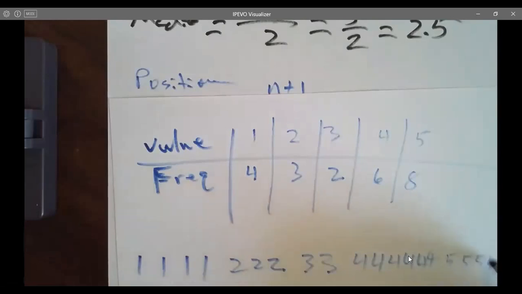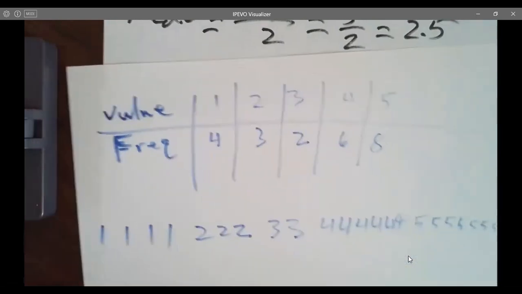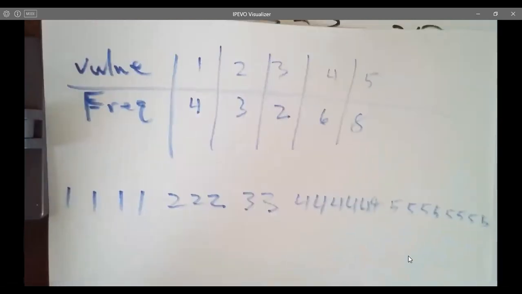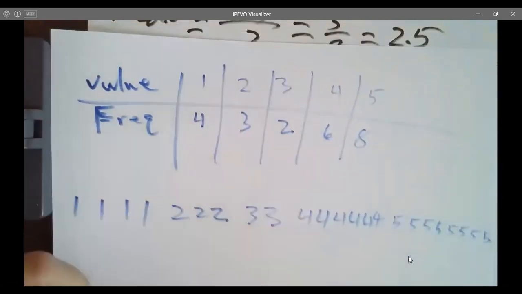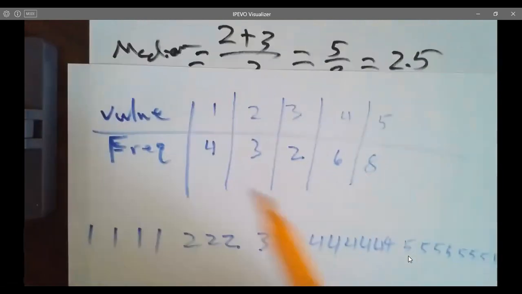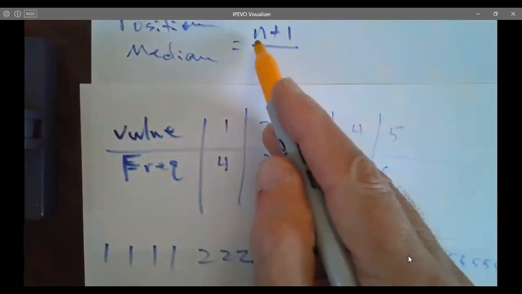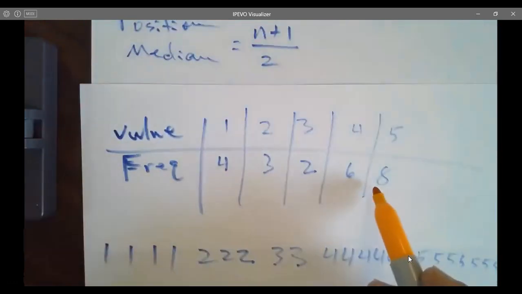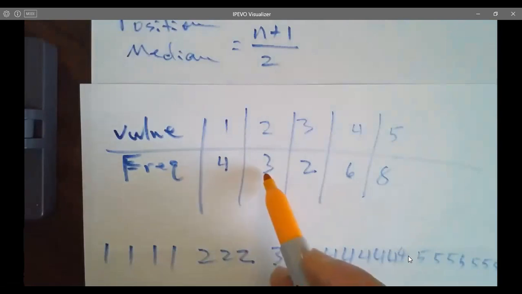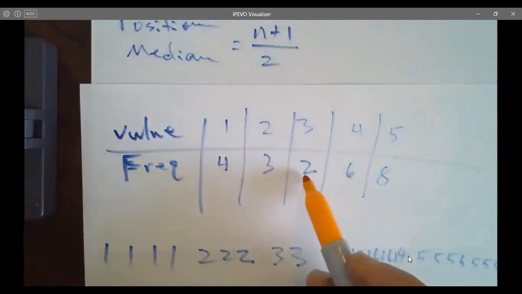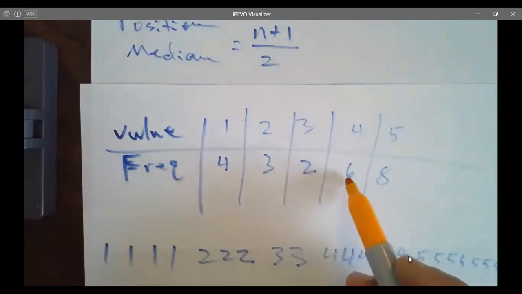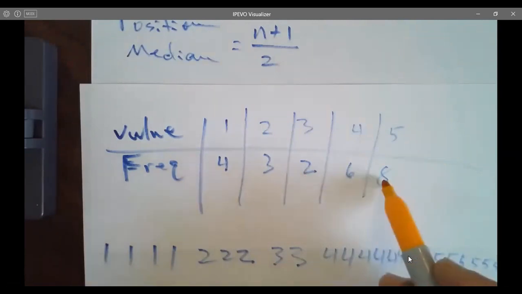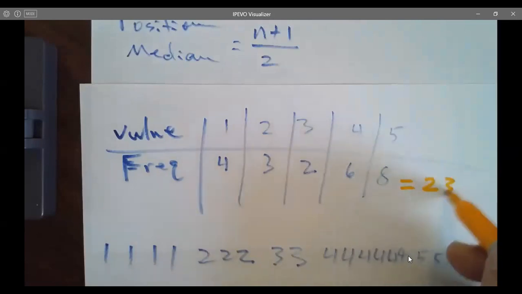So that's pretty lengthy. So we use this table to help make it more manageable. What we do is add up all the frequencies. So we've got 4 plus 3 is 7. 7 plus 2 is 9. 9 plus 6 is 15. 15 plus 8 is 23. So our total frequency is 23.